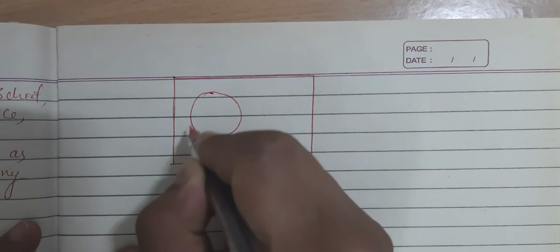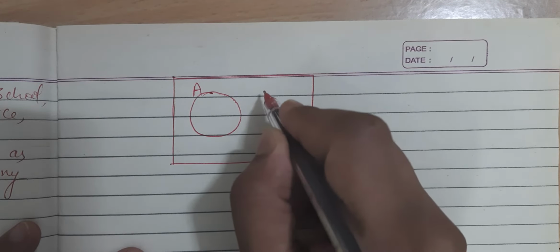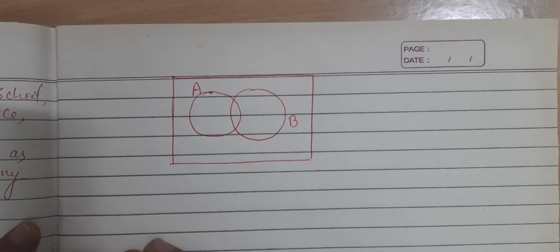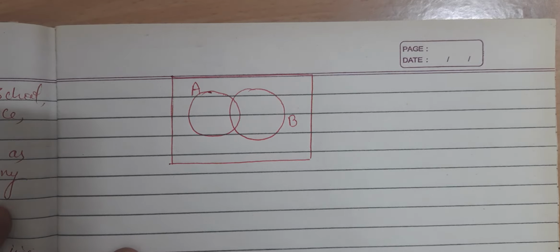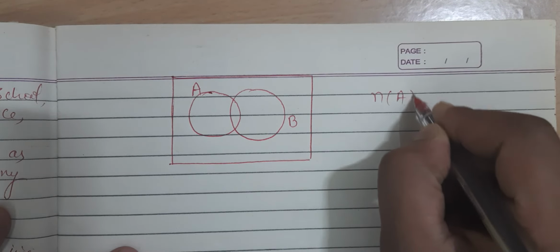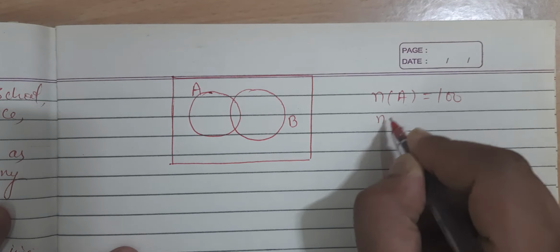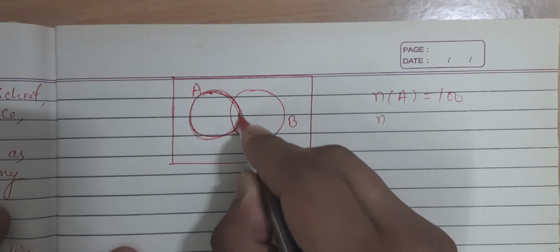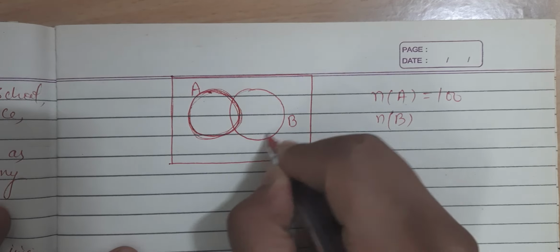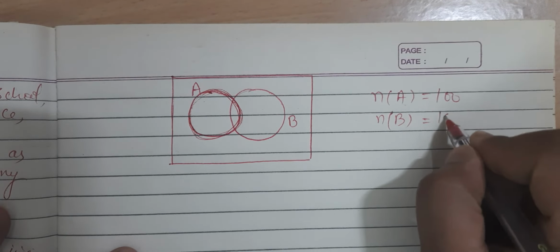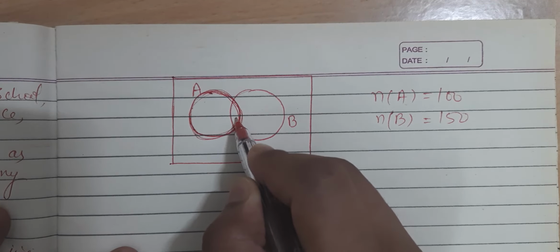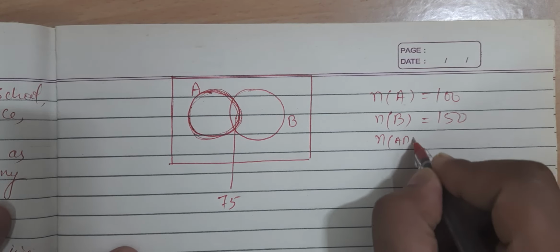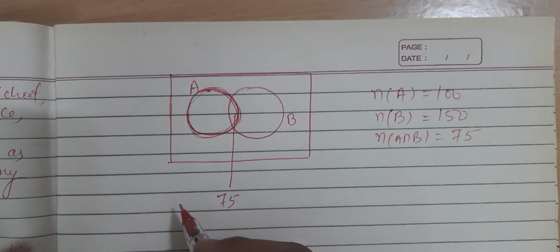The number of students taking apple juice is represented by set A, and the number of students taking orange juice by set B. In the whole set A, the number of elements is 100, and in set B the total number of students is 150, and 75 are listed as taking both, means A intersection B is given 75. We have to find, and there are 400 students.